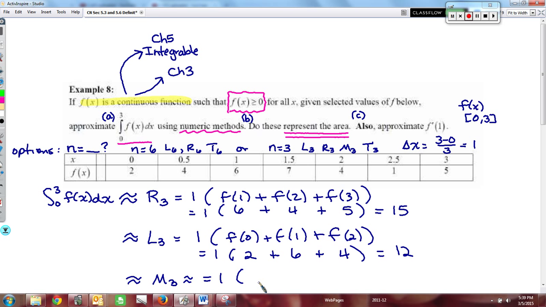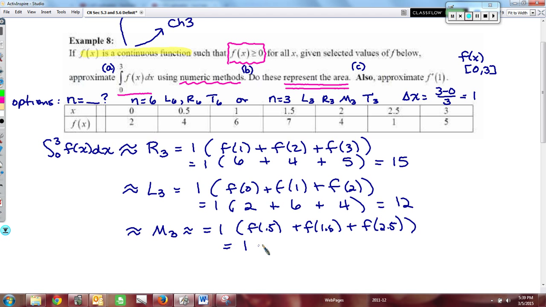Okay. And then we'll do our midpoint, M3. Again, my delta x is 1, and I'm using f of 0.5, f of 1.5, and f of 2.5 in my calculations for that one. And again, just to write it so you know where I'm getting my numbers from, I would use my 4 plus my 7 plus my 1.